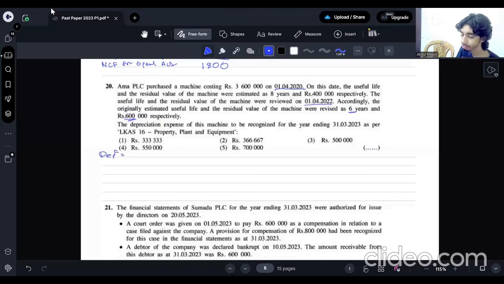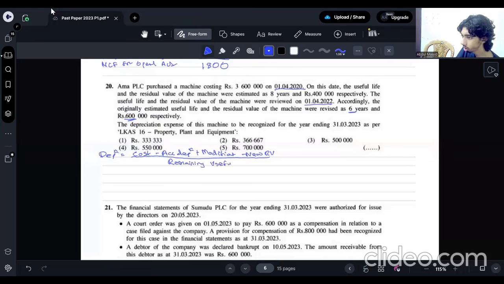If there's any change in the useful life, residual value, or any modification cost, you have to use this equation: cost minus accumulated depreciation plus modification cost minus new residual value divided by remaining useful life. Don't forget this.